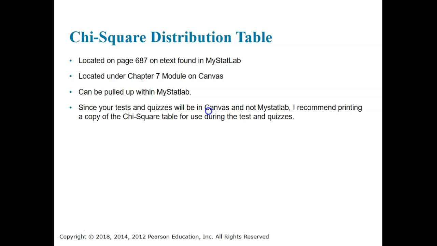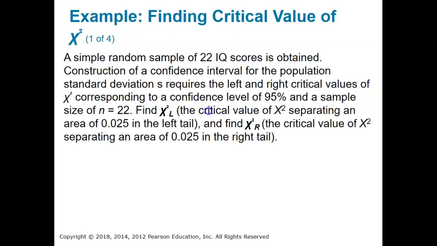Okay, and so this kind of summarizes where you can come up with those copies of the table. Okay, so how do we use the table? We're going to work with finding the critical values of the chi-square distribution. So we're given a simple random sample of 22, so this is our n, 22 IQ scores.